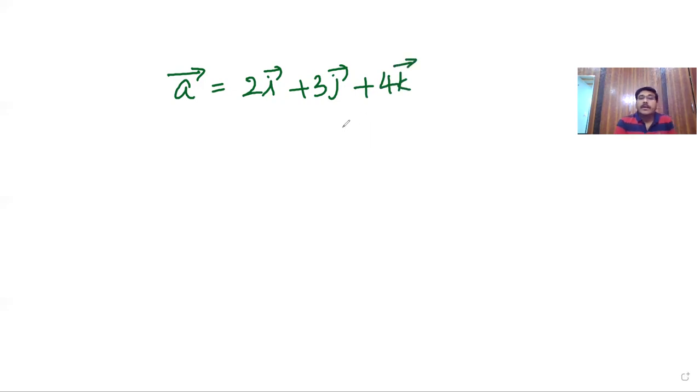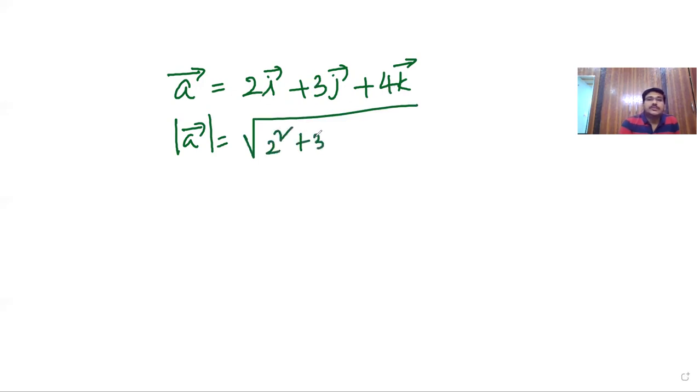And observe the magnitude of this: modulus is under root of the sum of squares of all the coefficients. So 2 square plus 3 square plus 4 square. How much does it become? It becomes root 29. So 4 plus 9, 13, 13 plus 16, 29.